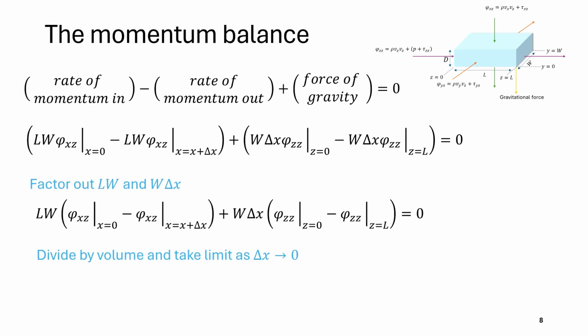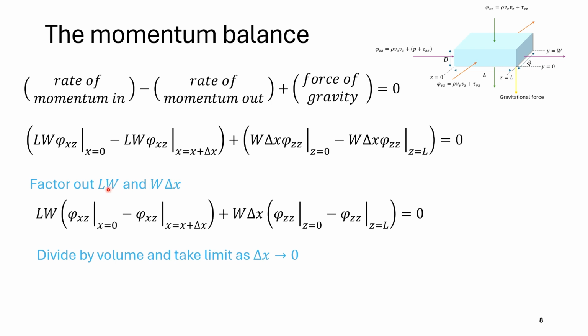So now we take the Z momentum balance for the shell, and the general expression is the rate of momentum in minus rate of momentum out plus force of gravity equals 0. So we include the Z momentum entering and leaving in the x direction, and also the Z momentum entering and leaving in the z direction.